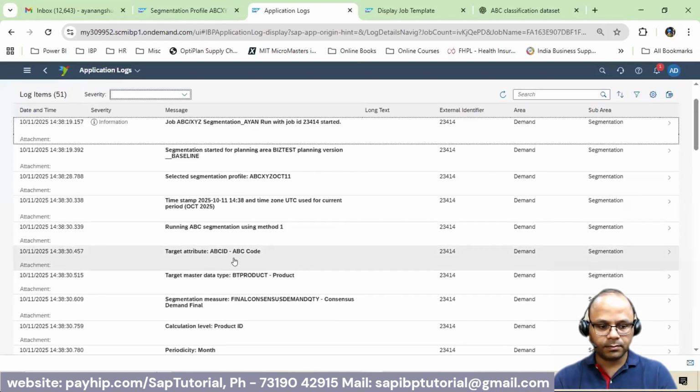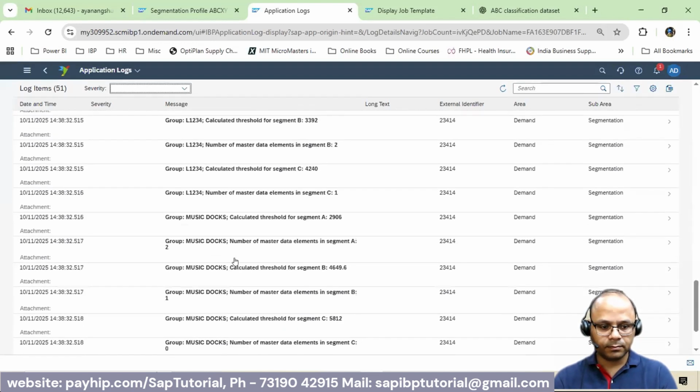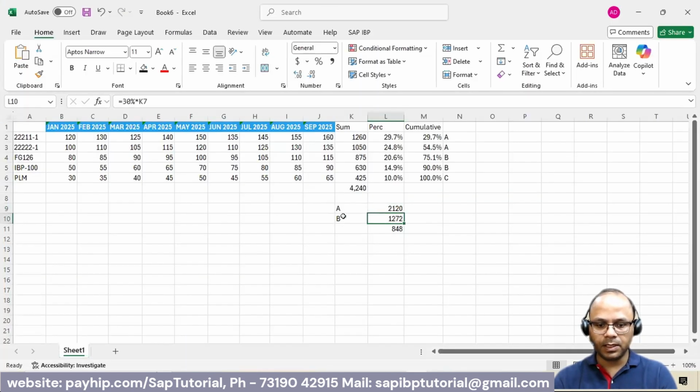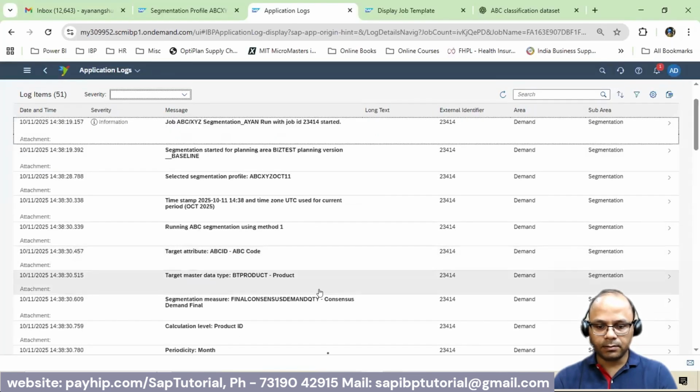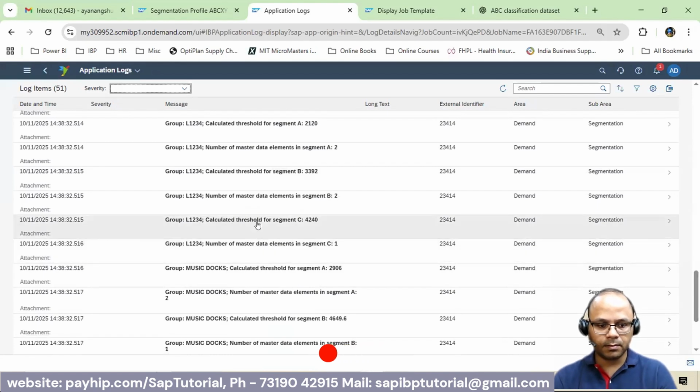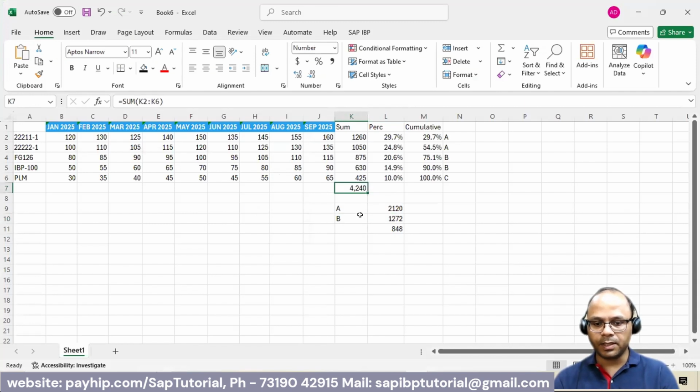And then for B, it is 3392. So B is like 30% of the total volume. So if we sum this up, it is 3392. So anything above 2120 and till 3392 qualifies for B. And then the calculated threshold for C is 4240, which is the total volume, right? So these three constitute 4240.